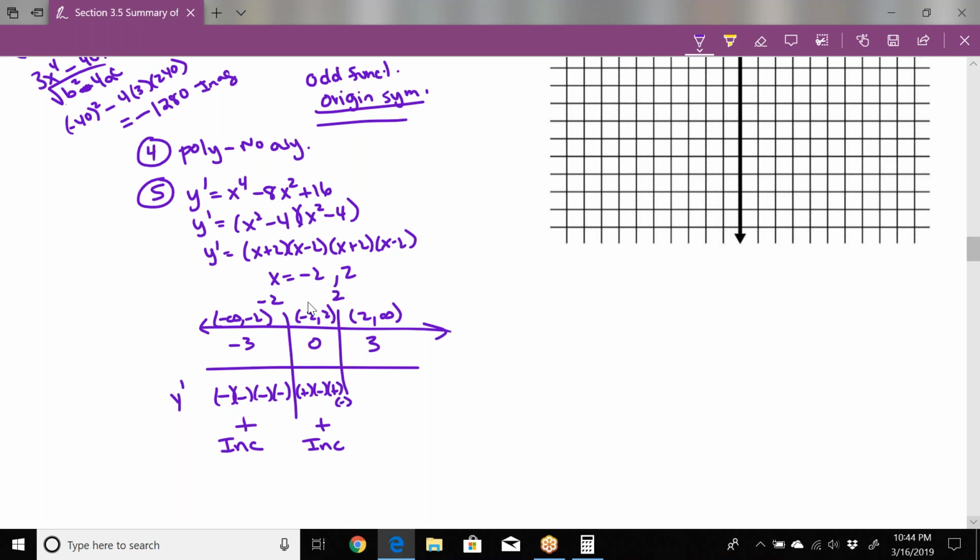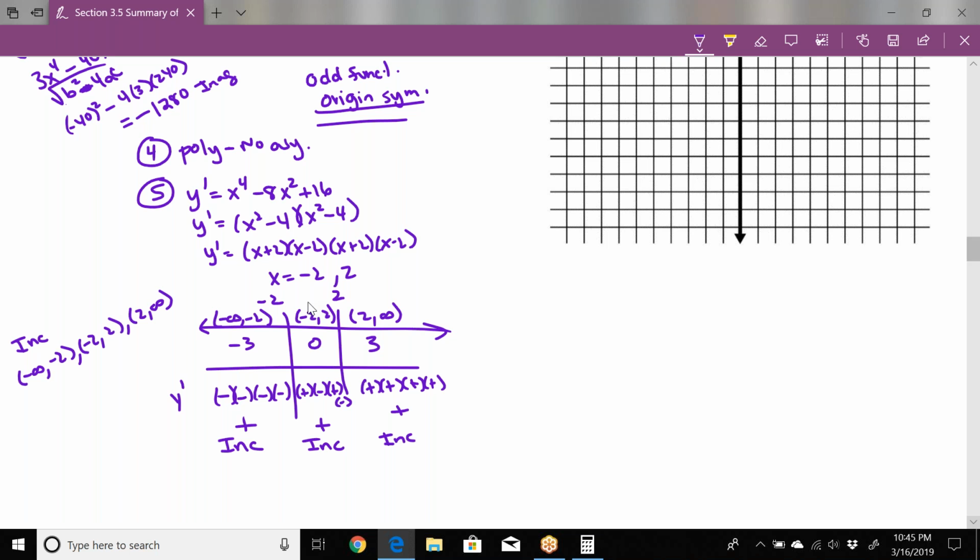And with 3, it's going to be positive for all 4, which means it's also positive, which means this function is continually increasing. So when we normally would write this, we would say it's increasing on -∞ to -2, then -2 to 2, and then 2 to infinity.